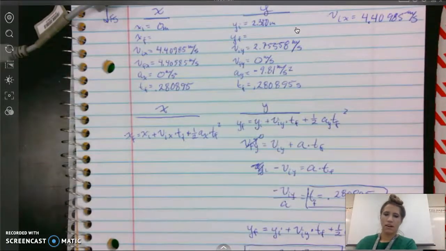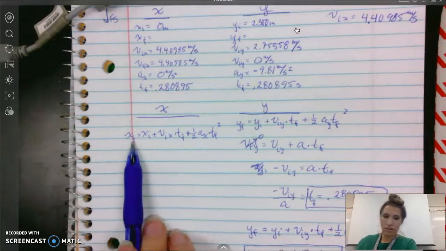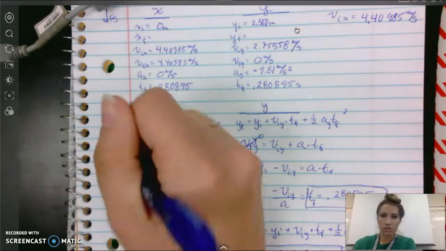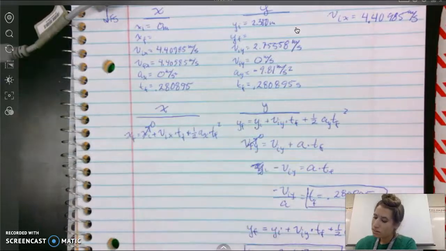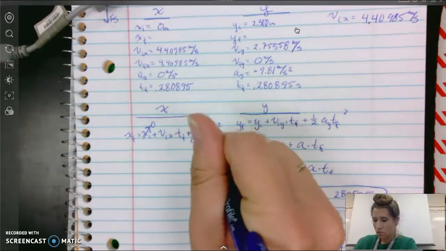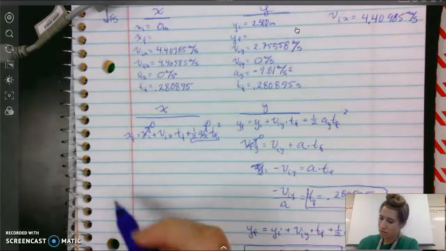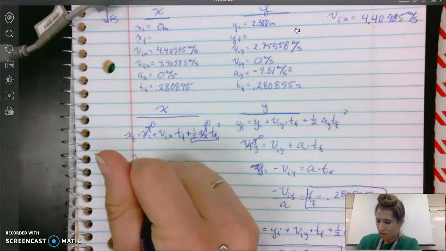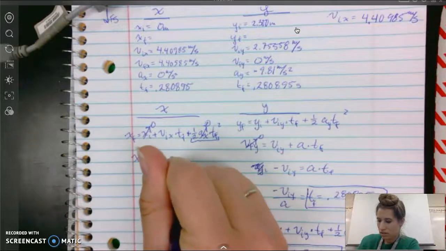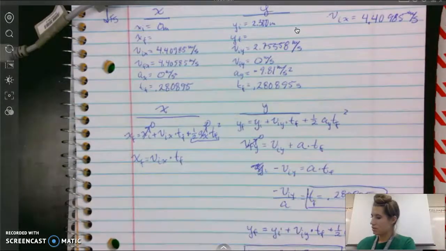Okay, and it's already solving for what I'm looking for, so that's great. So let's just get rid of our 0 components here. x initial is 0, acceleration is 0, so this whole component is 0 because anything multiplied by 0 is 0. So x final will equal velocity initial in the x direction multiplied by t final.